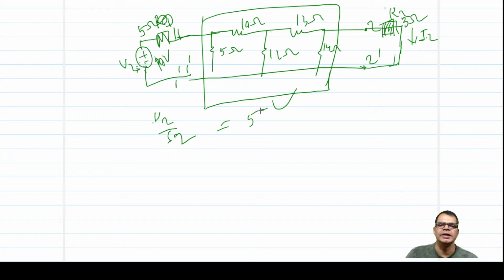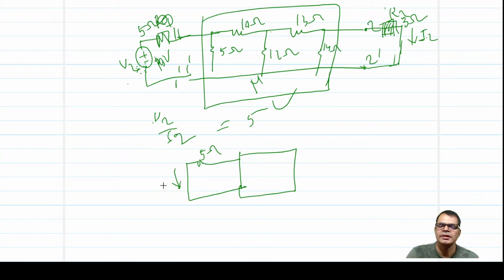Now they connect another circuit here, the same network, with 5 ohm, then current I1.